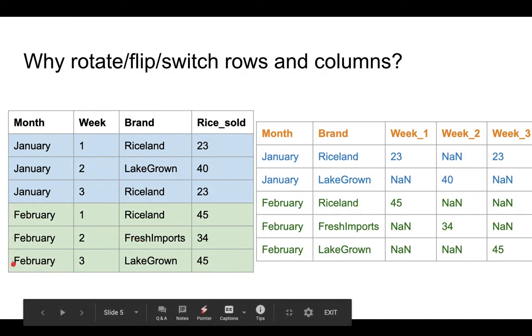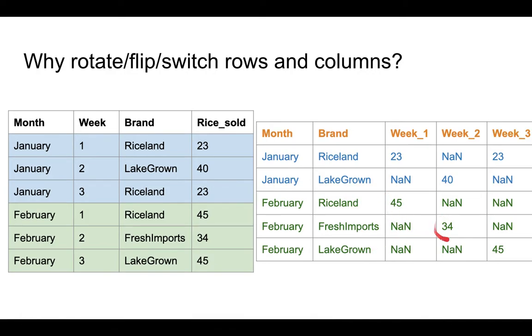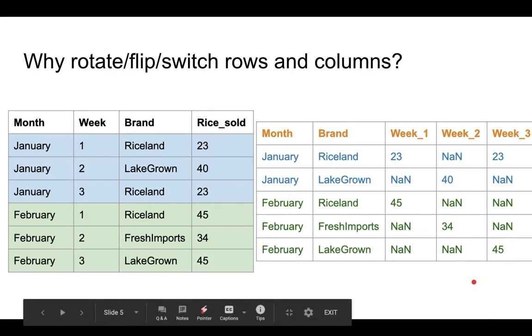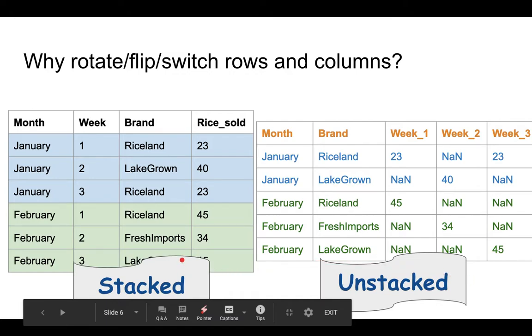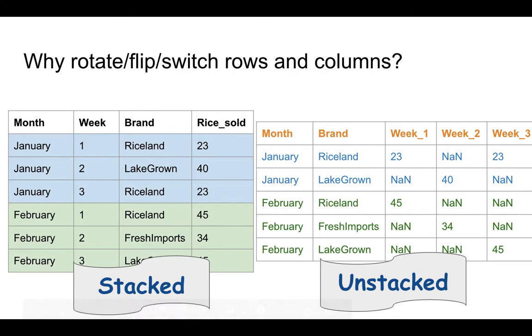Here we can also see that for February, for each of the brands, what values were sold. And again, here we can think of the table on the left hand side as a stacked data frame or stack table, and on the right hand side we can think of this as unstacked.